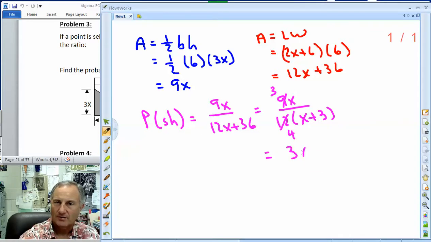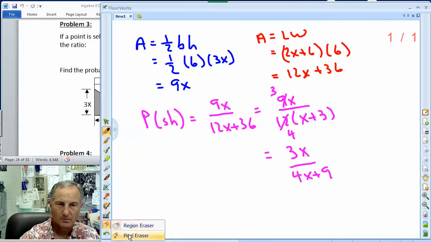So I've got 3x on the top and 4x plus 12 on the bottom when I multiply it out. I'm sorry, 4 times 3, that should be a 12 right there. Sorry about that. Boom. 4 times 3 is 12.